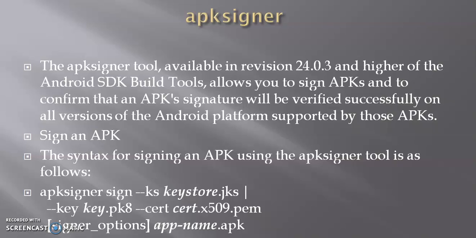The syntax for signing an APK using the APK Signer tool is as follows: apksigner sign --ks keystore.jks | --key key.pk8 --cert cert.x509.pem, then signer options, then app name.apk. This is the APK Signer tool syntax.